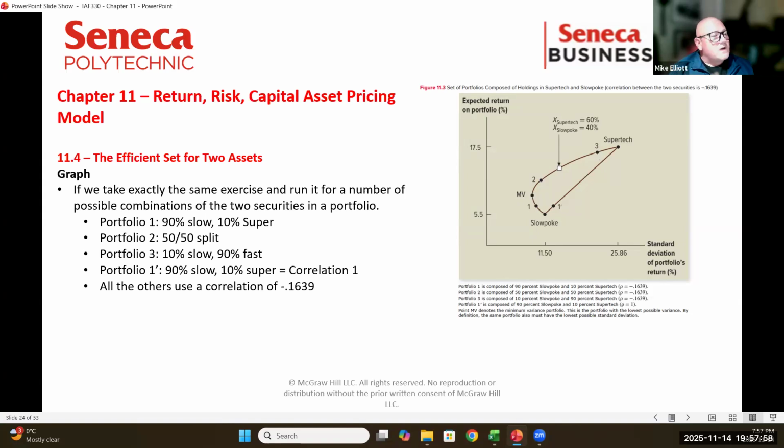That has the lowest possible portfolio standard deviation. That's as secure or safe as you're going to make this portfolio. And you can see that it has a lower standard deviation than even the lowest of the components of the portfolio. That's what the correlation does. It allows us to move the risk left.